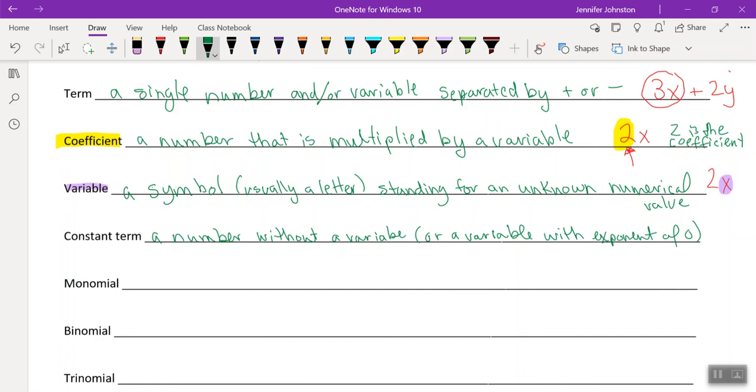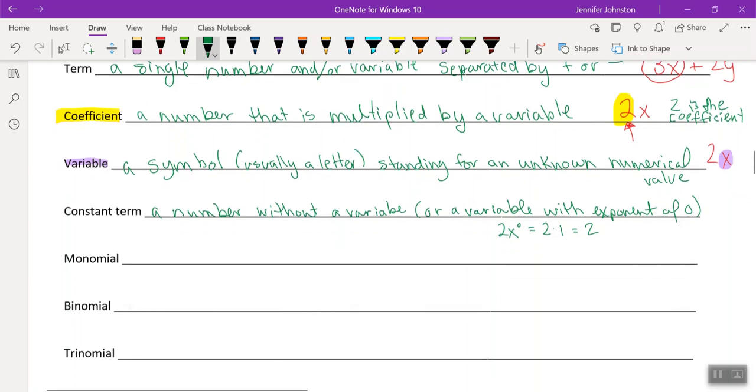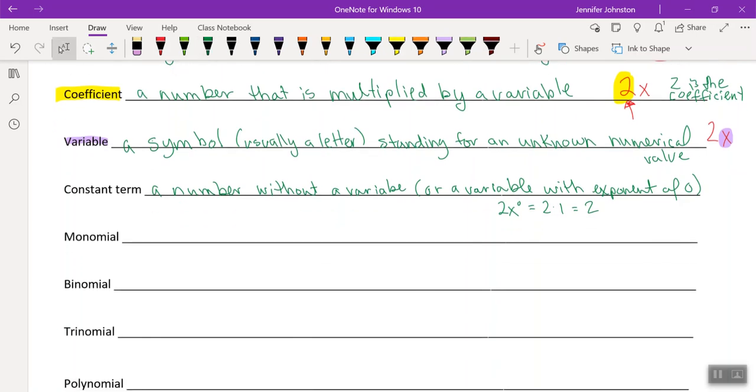So for instance, we can have 2x to the power of 0. This would still equal 2 times 1, which is equal to 2, so still being a constant term. A constant term has no variables on it, but it could have a variable in disguise, because it has a power of 0, which is equal to 1.